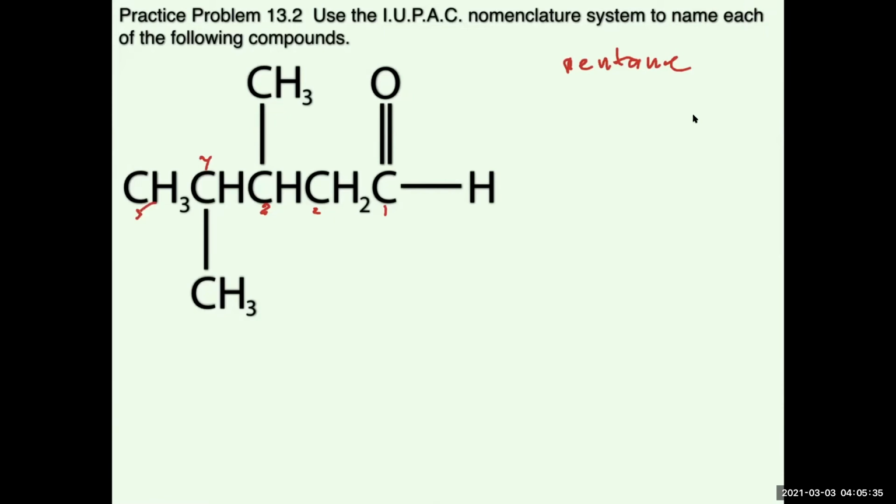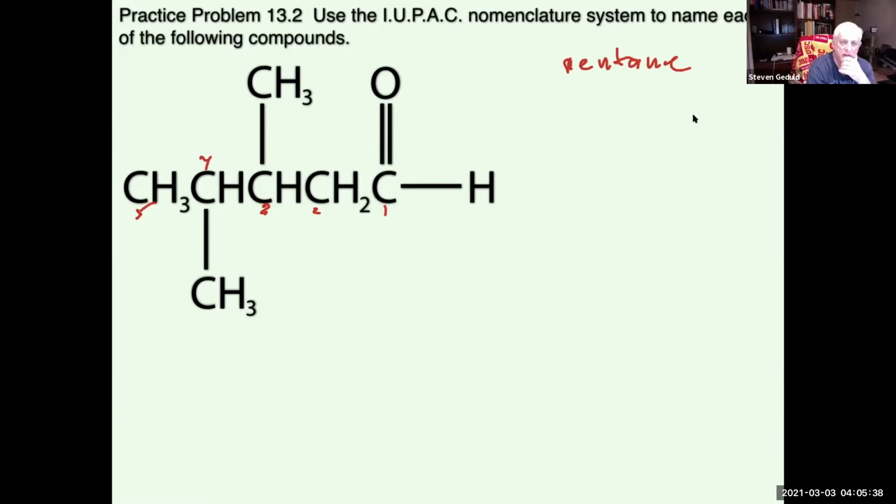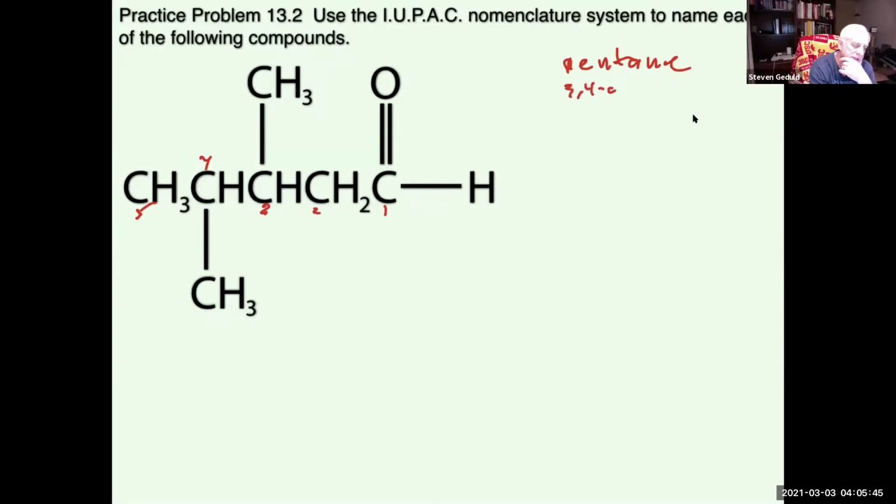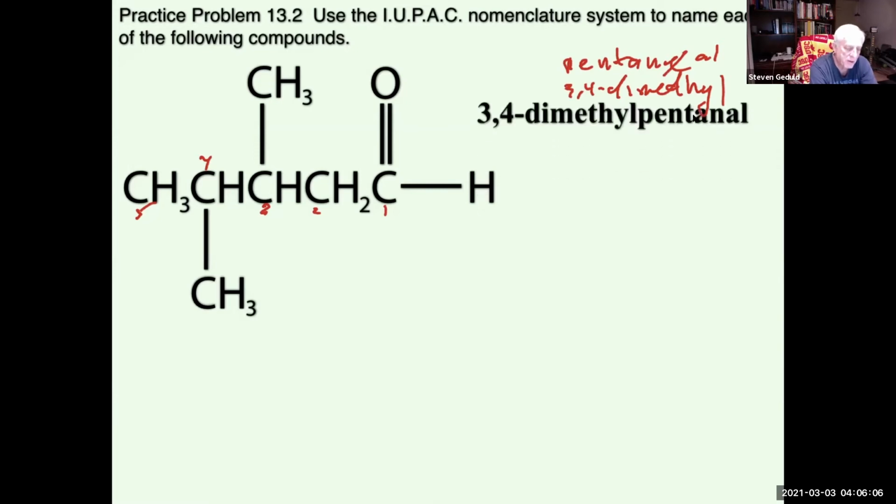Methyl groups, right? At what numbers? 3 and 4. So we have 3,4-dimethyl. We drop the E, add Al because it's an aldehyde. So we have 3,4-dimethylpentanal. Remember, commas between numbers, dashes between numbers and letters.